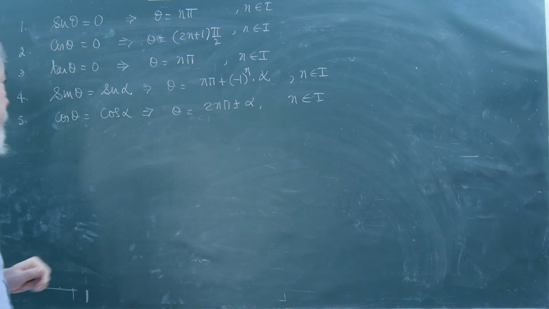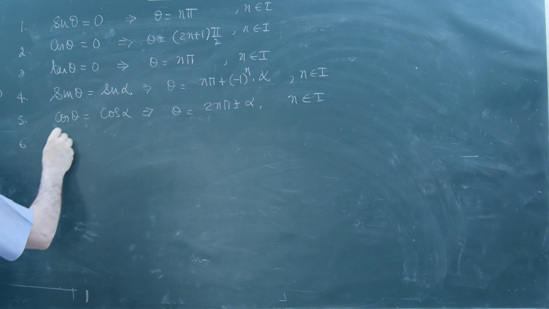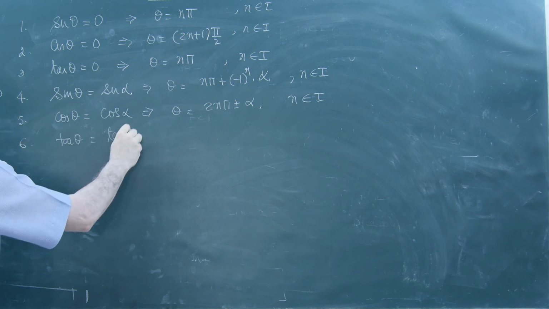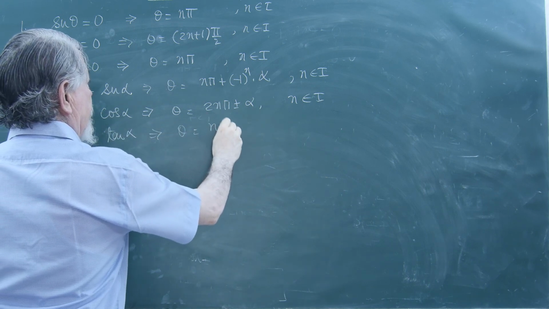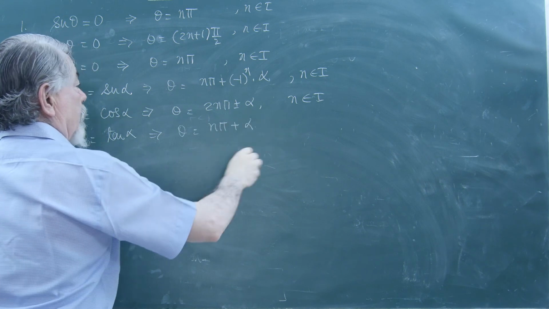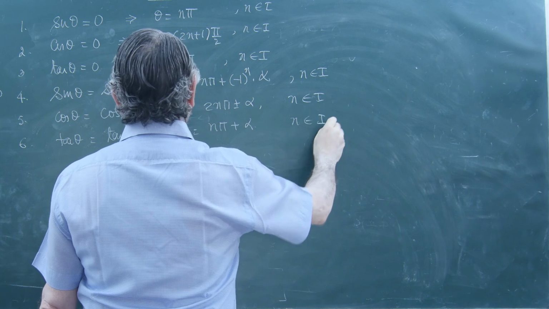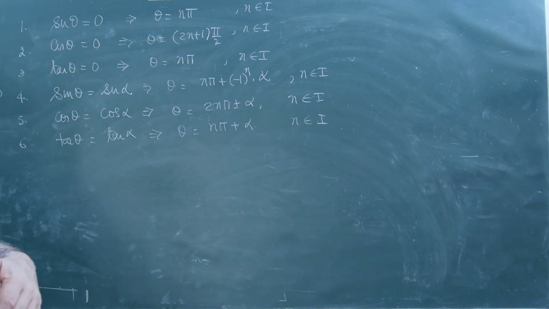And the next one was tan theta is equal to tan alpha. That implied theta is equal to n pi plus alpha, where n belongs to set of integers.